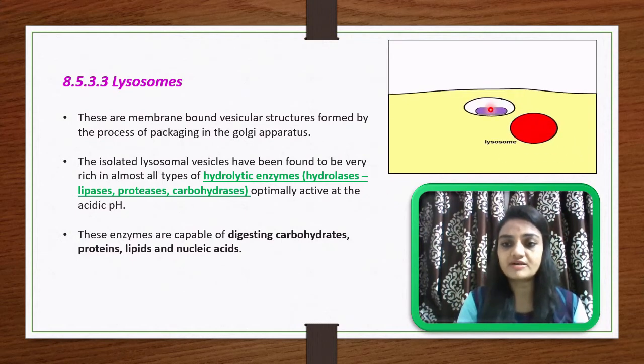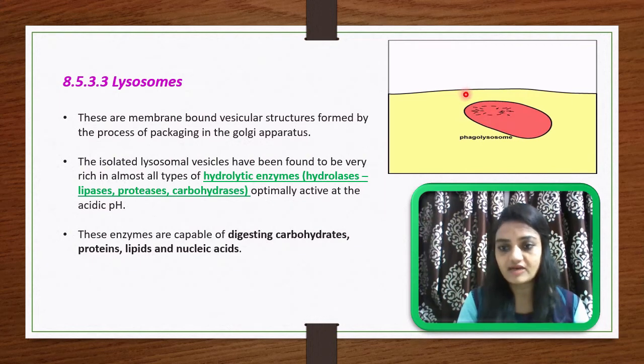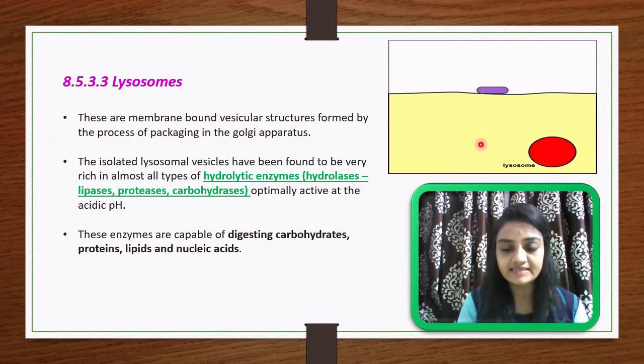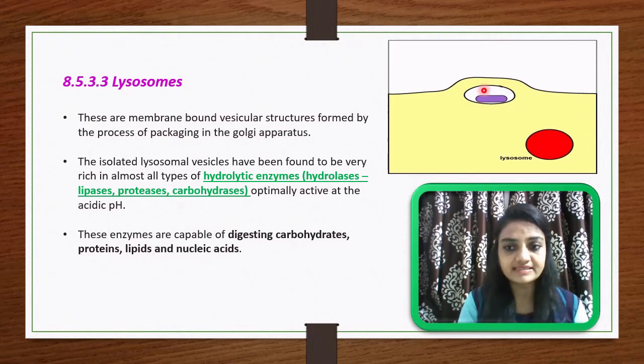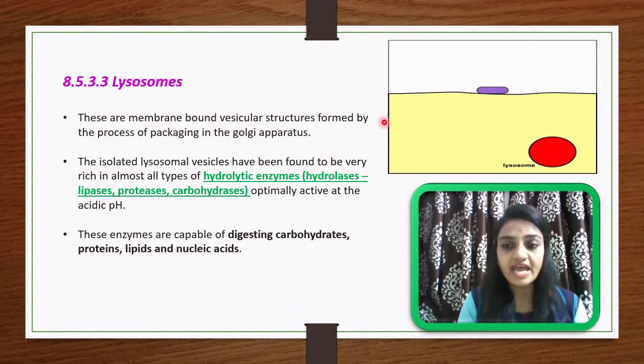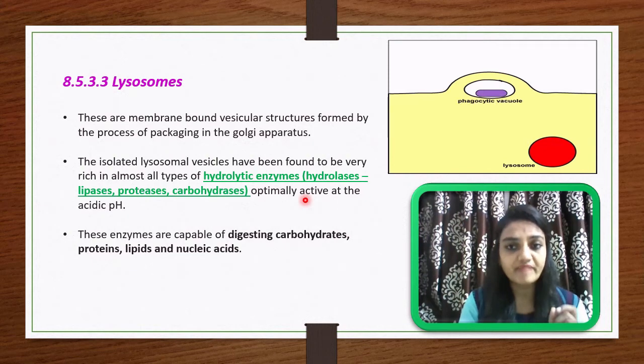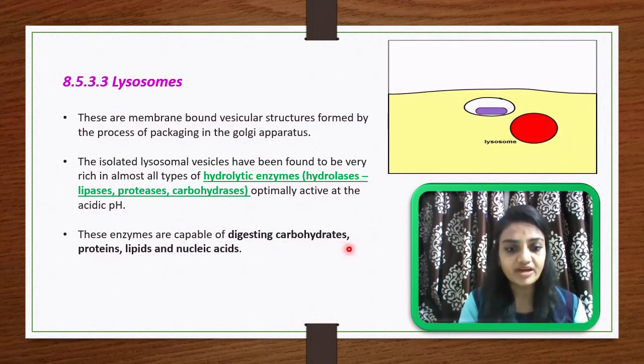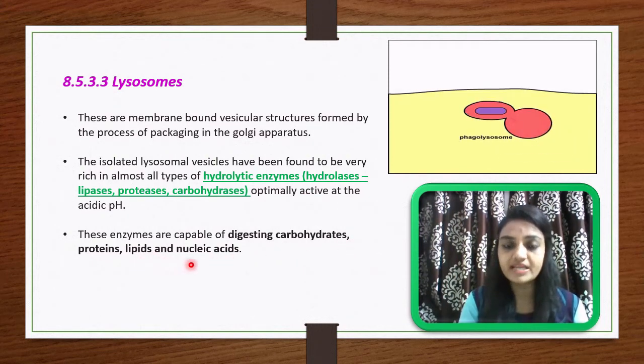Because you see here, this is a bacterium, or we can say any organism which is harmful to the cell. Suppose it is entering inside the cell. When harmful bacteria enter inside the cell, what happens? The lysosome will play a very important role. As I told you, the lysosome is rich with hydrolytic enzymes, and any living organism is made up of mainly four things: carbohydrates, protein, lipid and nucleic acid.